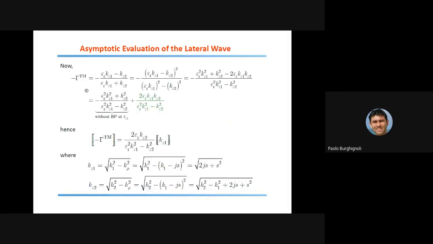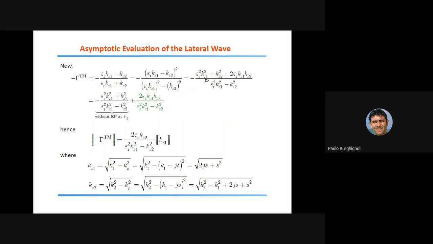The reflection coefficient gamma TM has this expression here, and this is a ratio of linear combinations of wave numbers. By multiplying both the numerator and the denominator by the denominator with the minus sign, what we get is that we have in the numerator now a square of the binomial that was originally present, whereas in the denominator we have a difference of two squares.